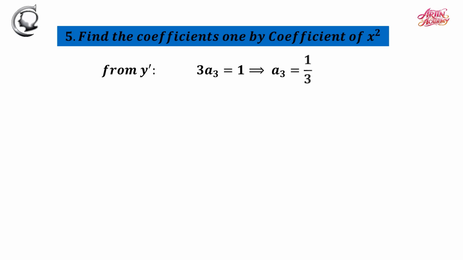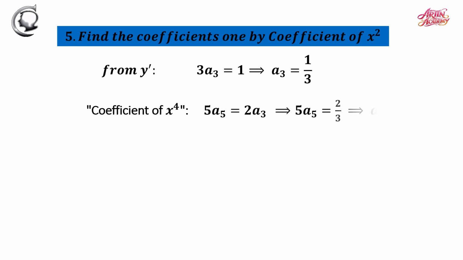Now compare the coefficients of x to the fourth. 5a sub 5 equals 2a sub 3. Substitute a sub 3 equals 1/3. Then 5a sub 5 equals 2 times 1/3, which equals 2/3. Therefore, a sub 5 equals 2/15.